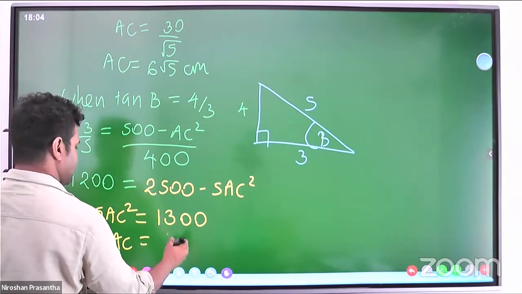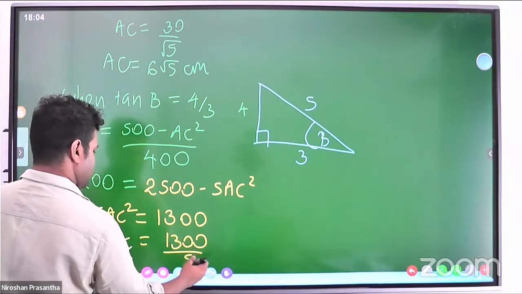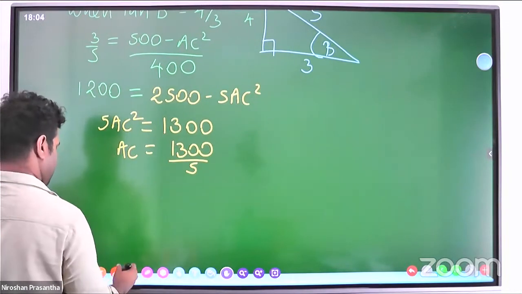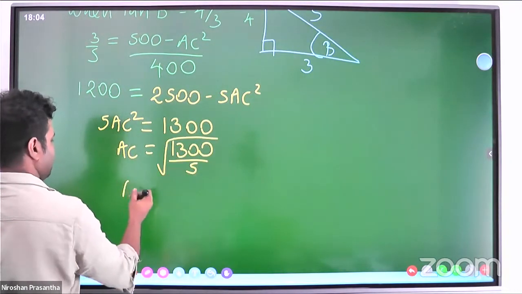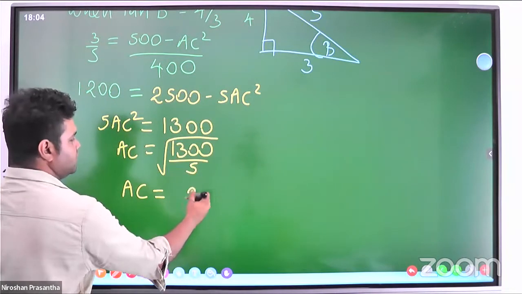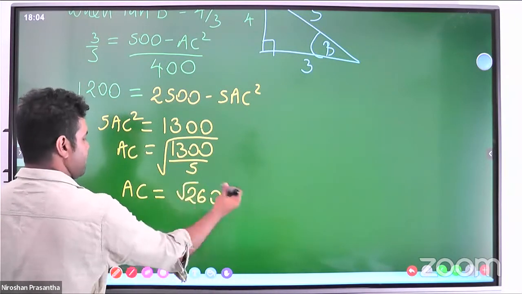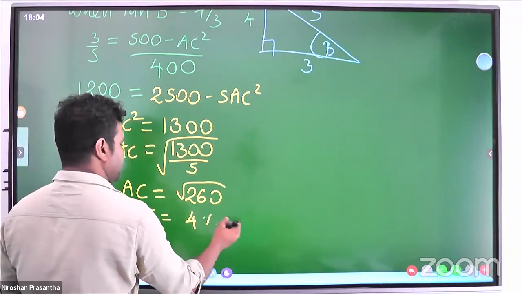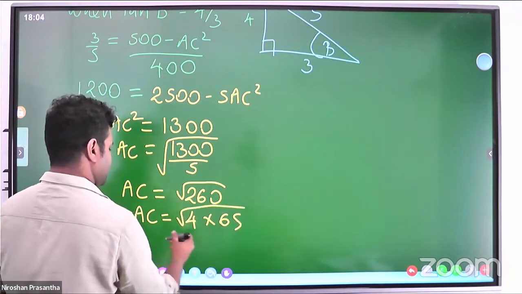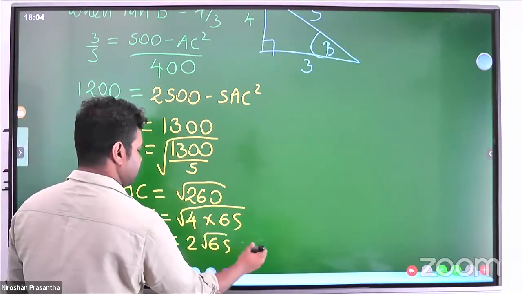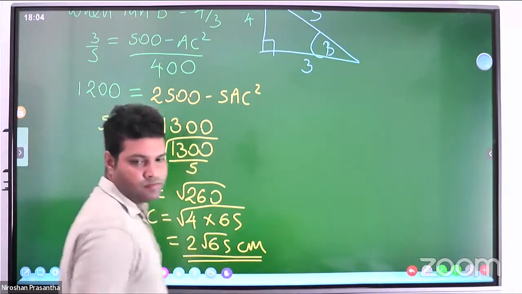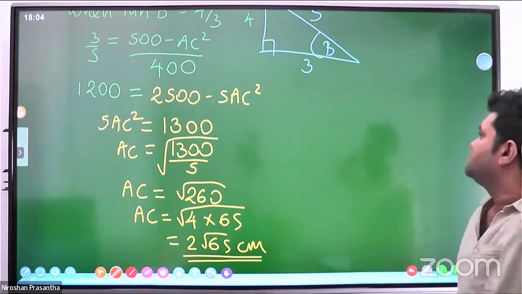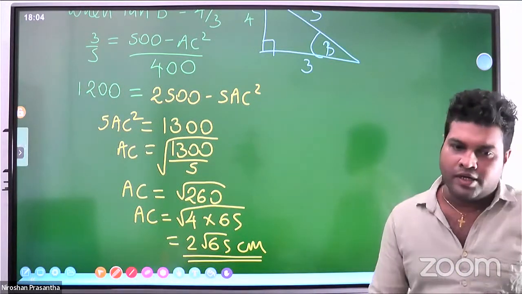AC is 5 times 2, 36. This is 4 times 65. 2 root 65 centimeters. Right? 2 root 65.